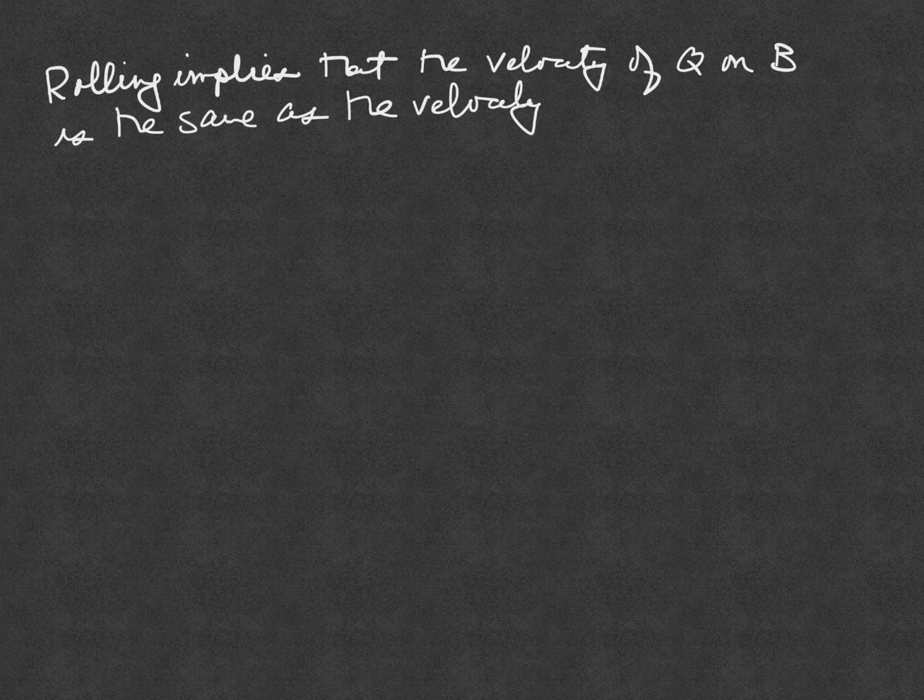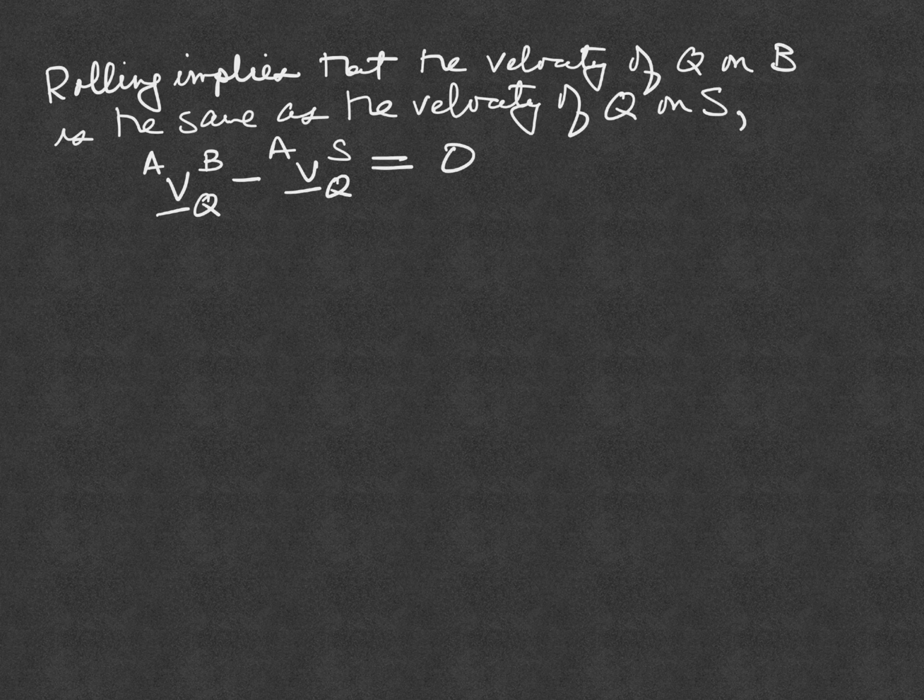So rolling implies that the velocity of point Q on B is the same as the velocity of Q on S. So in other words, what we're saying is that the velocity of point Q on B in A minus the velocity of point Q on S in A is equal to 0.